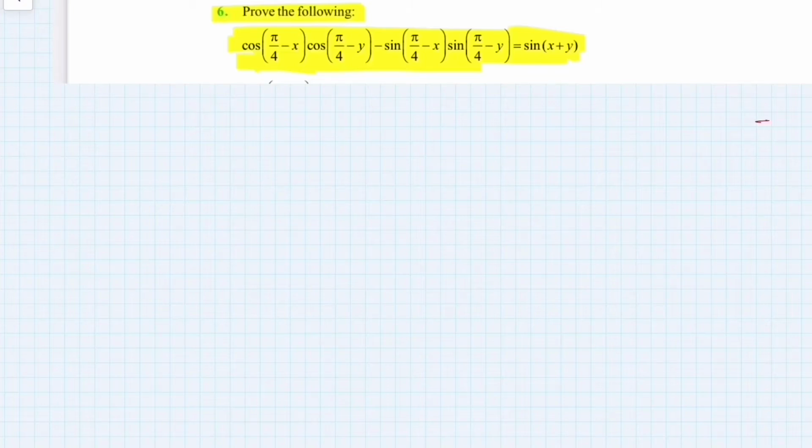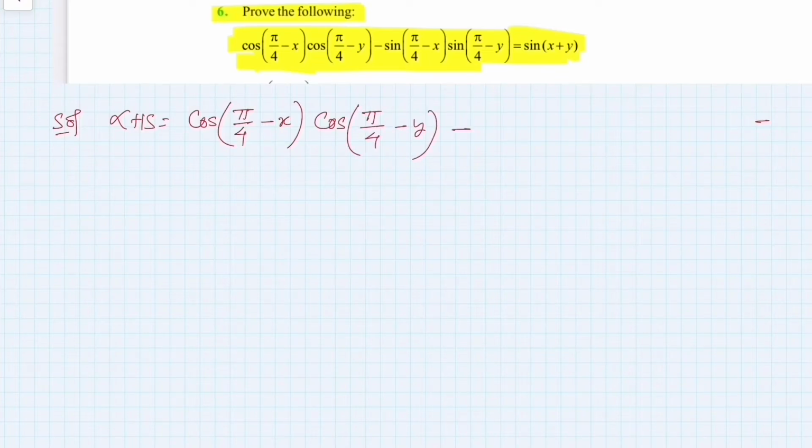The left hand side is cos(pi by 4 minus x) cos(pi by 4 minus y) minus sin(pi by 4 minus x) sin(pi by 4 minus y). This is the left hand side.